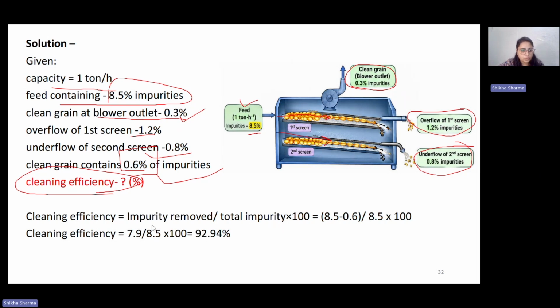The cleaning efficiency is the impurities removed divided by the total impurities, into 100.